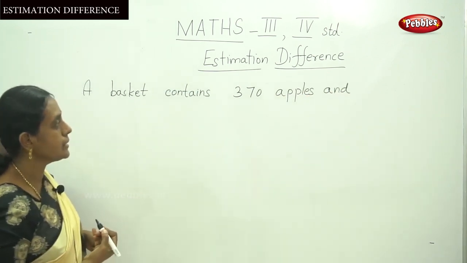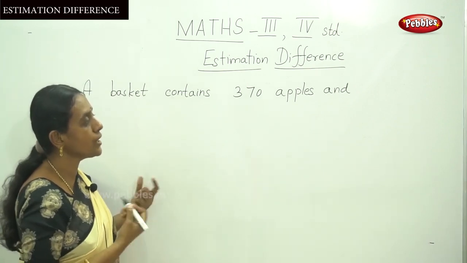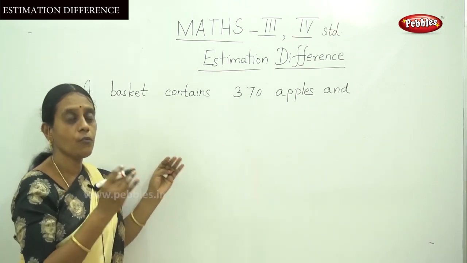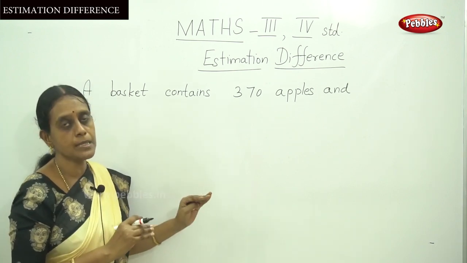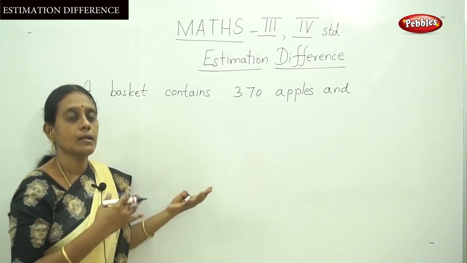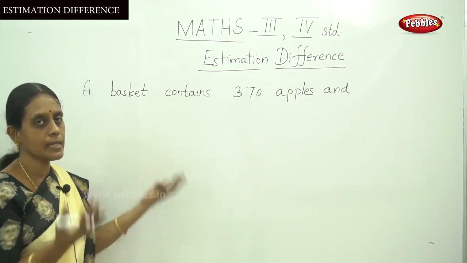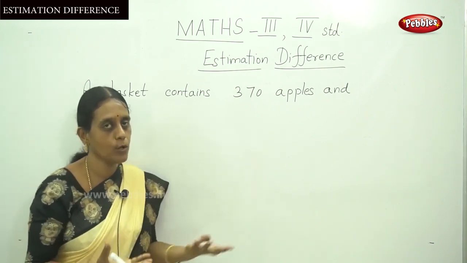Okay, and that is the total amount: a basket contains total fruits, of which 370 are apples, and let me know the amount of the remaining fruits. A basket contains different kinds of fruits, apples and oranges.